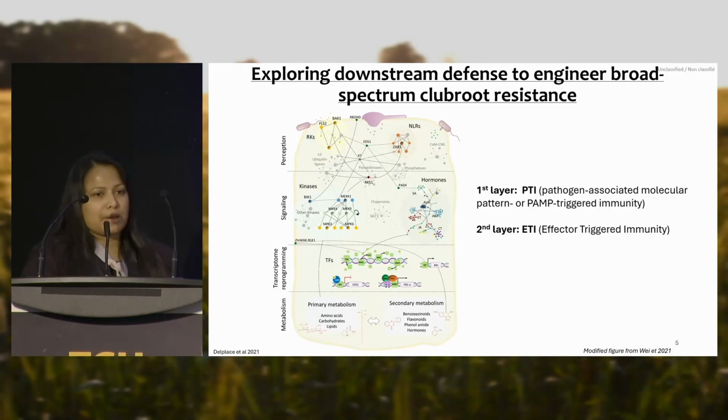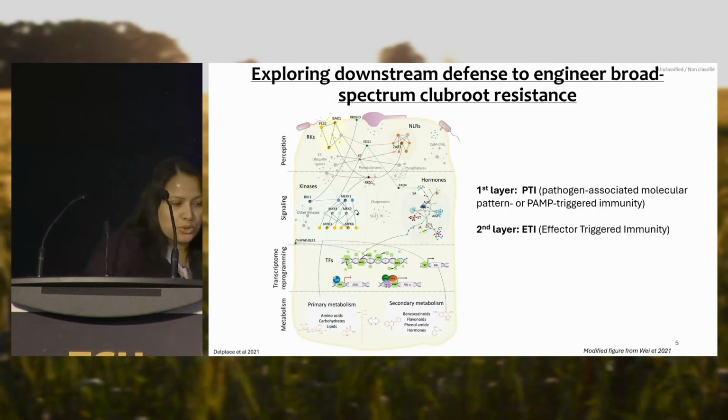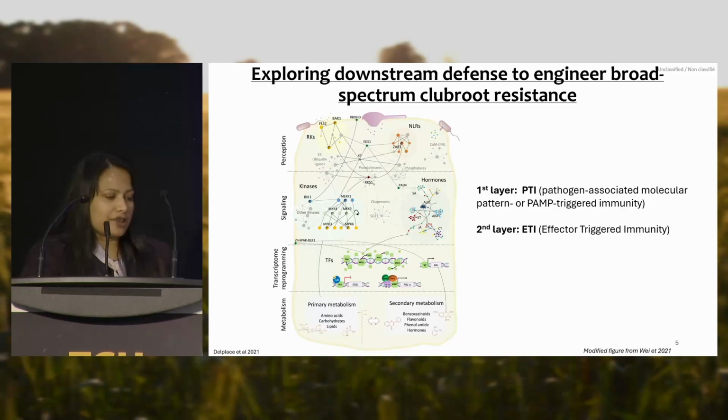This immunity uses R proteins to detect pathogen-specific proteins called effectors. Both of these layers ultimately activate downstream defense responses, including many hormonal pathways such as salicylic acid, jasmonic acid, and so on.